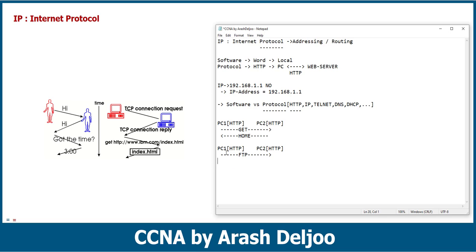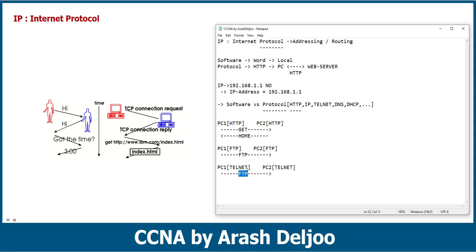Don't worry about the detail here. This is not a place for talking about the detail of protocols. We only need to know the general concept of protocols. For example, we have another protocol we call Telnet. Telnet is a protocol that we can use for sending configuration commands from one device to another device.